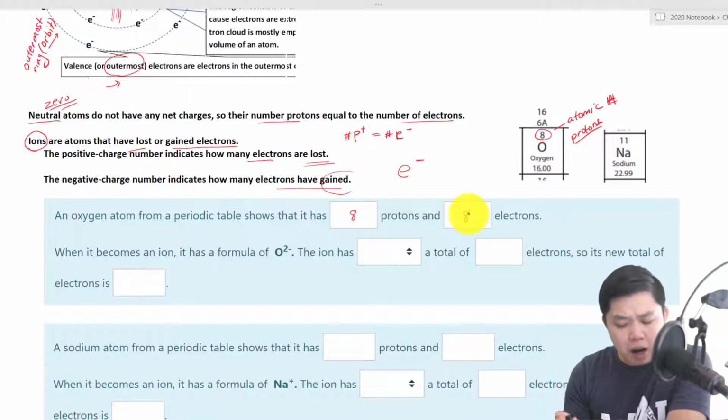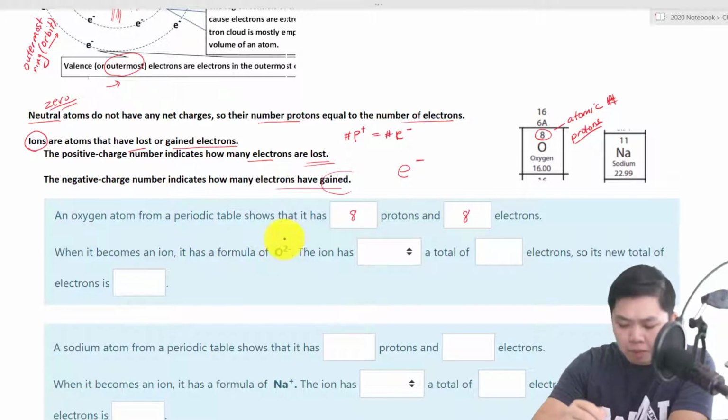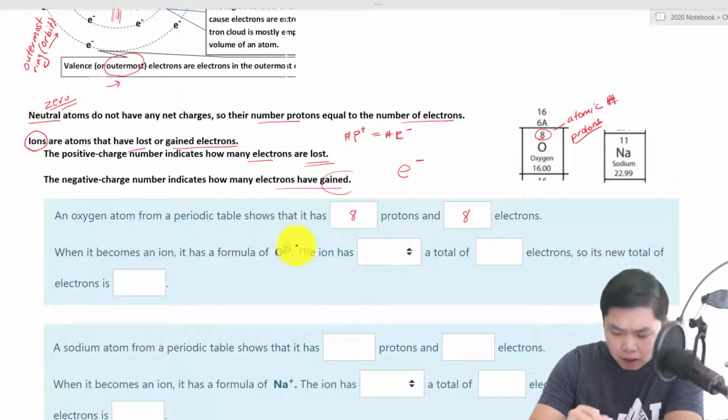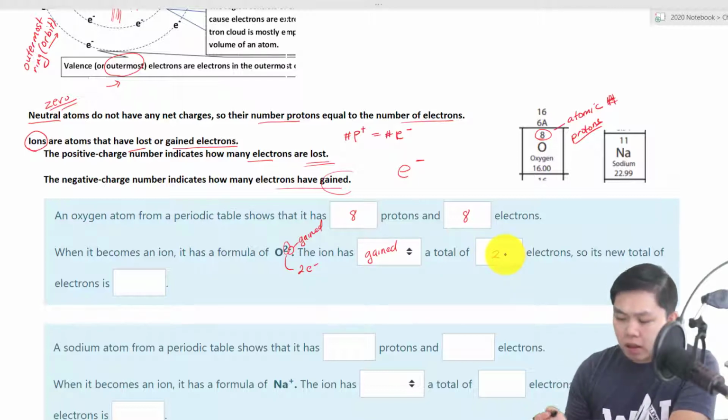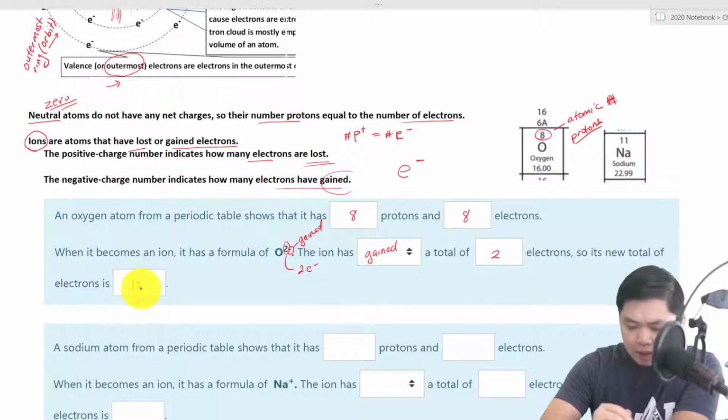Now when it becomes an ion, it has a formula of O2 minus. You see that 2 minus right there? That minus tells you that it has gained, right? And how many? 2 electrons. So what is the new total of electrons? What is 8 plus 2? That's 10. Isn't that easy?